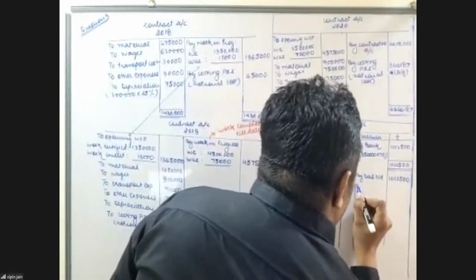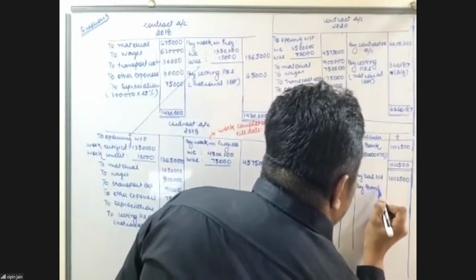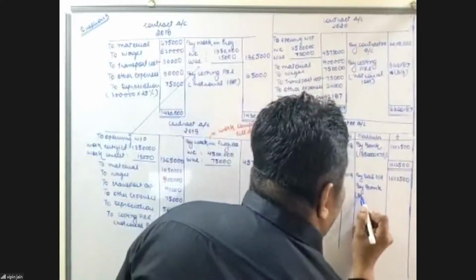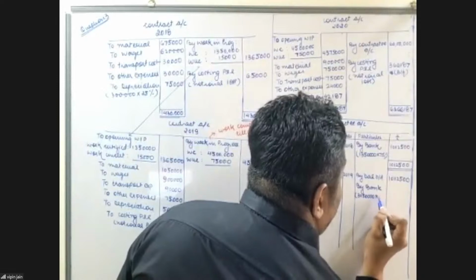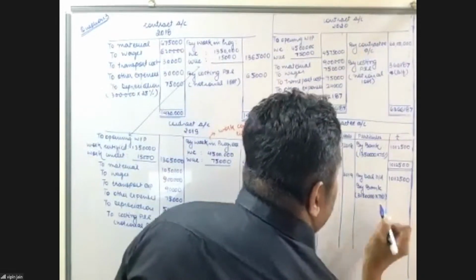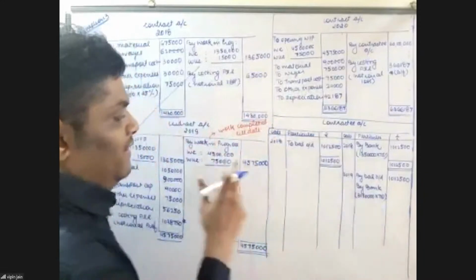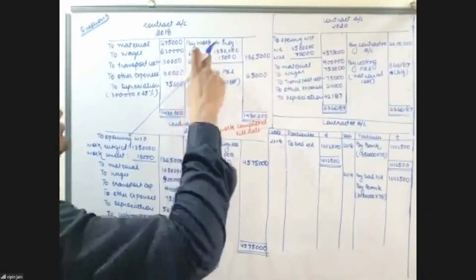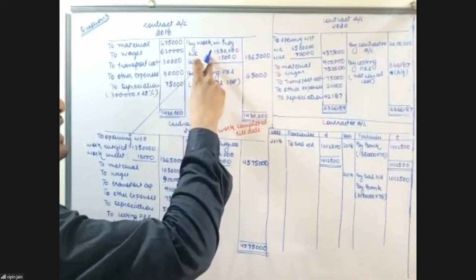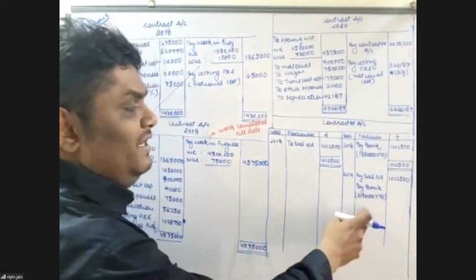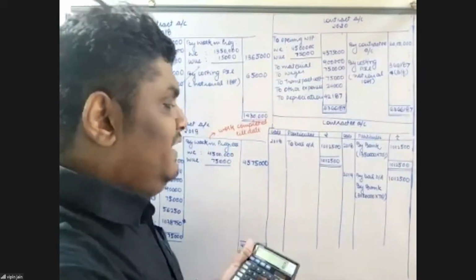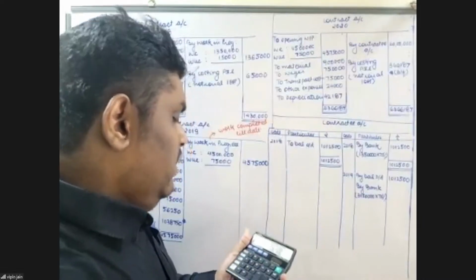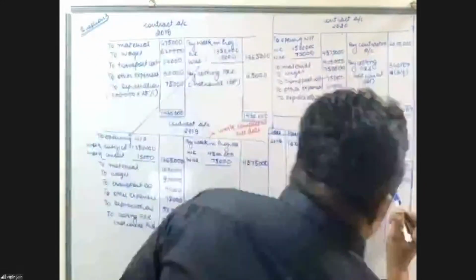So when talking about the payment received in 2019, it will be 31,50,000 into 75%. How come 31,50,000? 45 lakh is my work certified till 2019. Of this, work certified last year is 13,50,000. So the work certified in 2019 is 31,50,000, into 75%, that is 23,62,500.